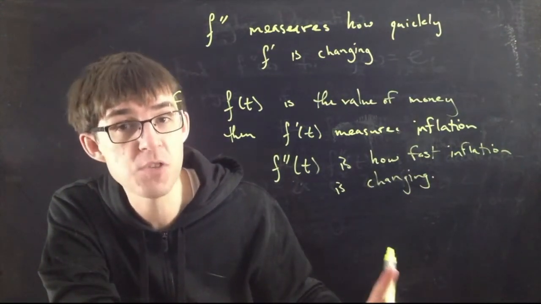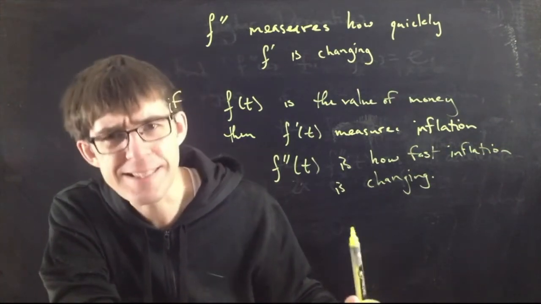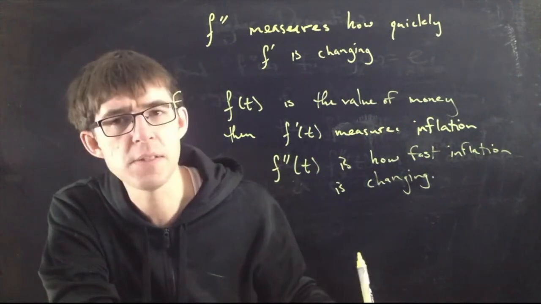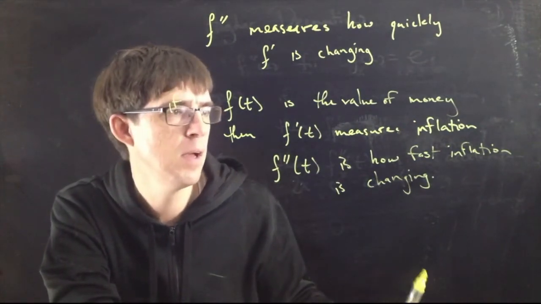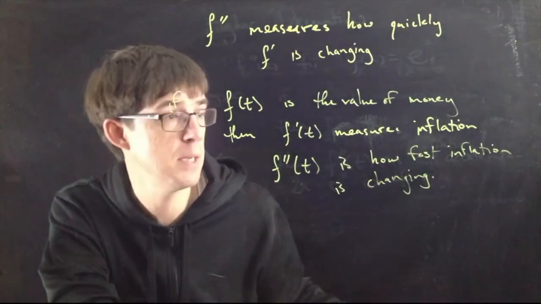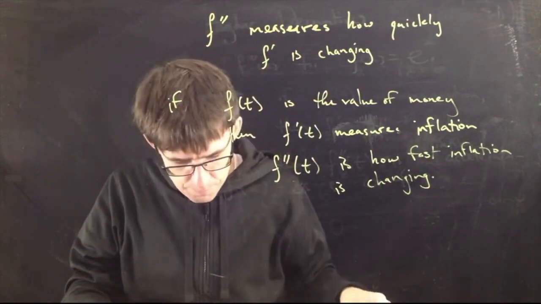They're saying the rate of change of the inflation has decreased. But the inflation itself is a rate of change of the value of money. So this is another case in which the second derivative has some kind of real world meaning. And there are many, many other examples. I'm just trying to give you a little flavor for it.